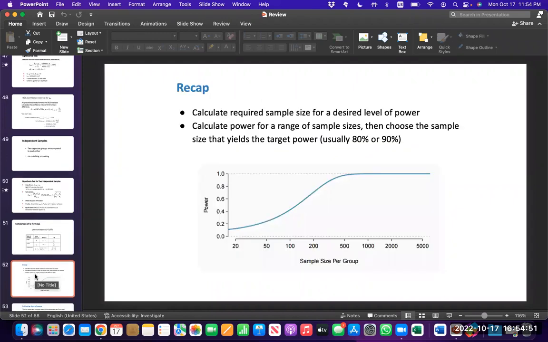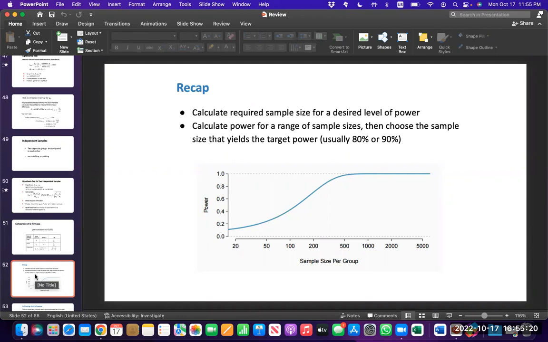Recap, sample sizes and power are basically interrelated. It's important to keep in mind that you have an understanding of these. So basically the power increases by increases in the effect size, by increase in the sample size, and by decreases in the variability, whereas the decrease in the variability is obviously not modifiable because you're assuming that based on previous literature.